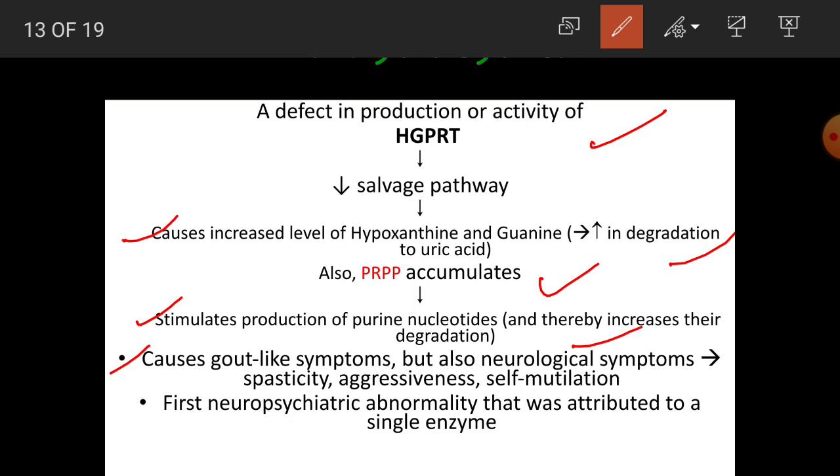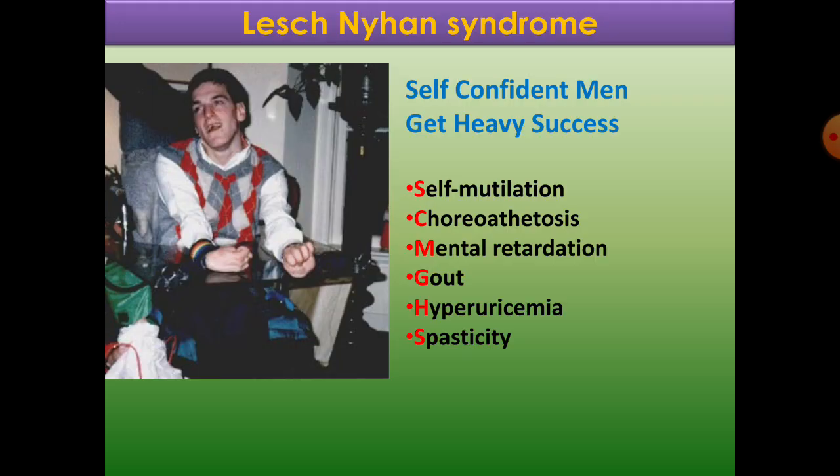This was the first neuropsychiatric abnormality attributed to a single enzyme. That is quite interesting. Not many cases are reported from India, but definitely it is there. In the Western world it is more evident.